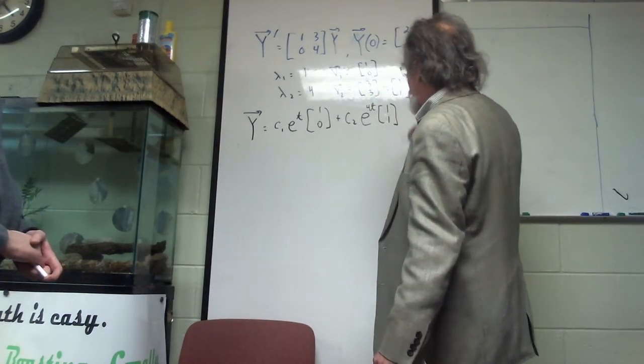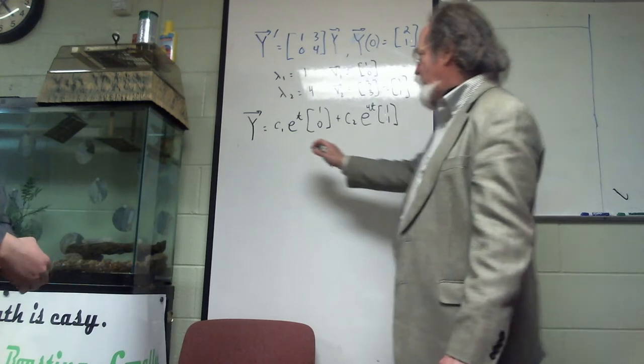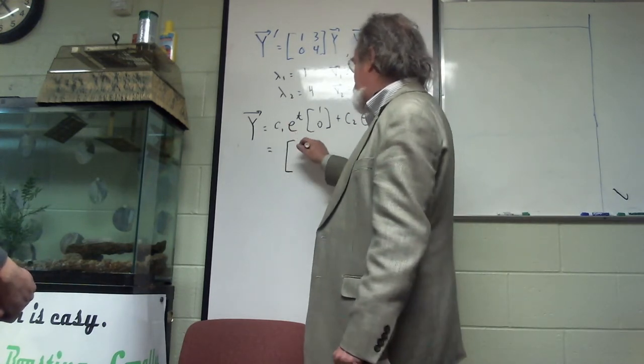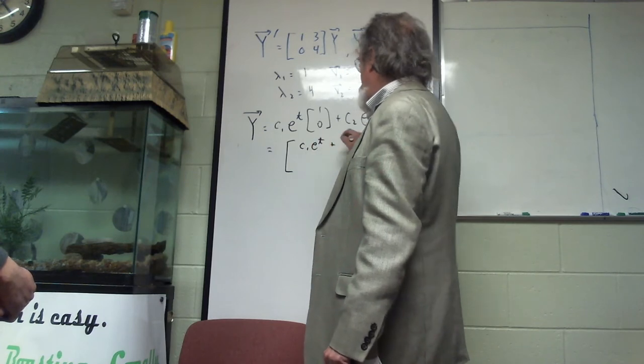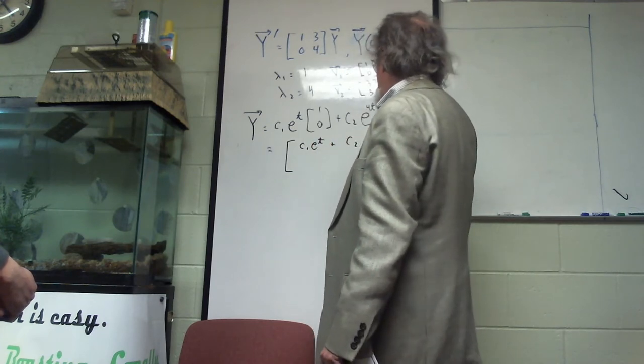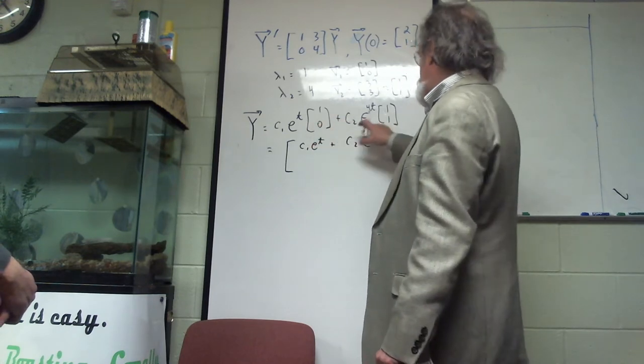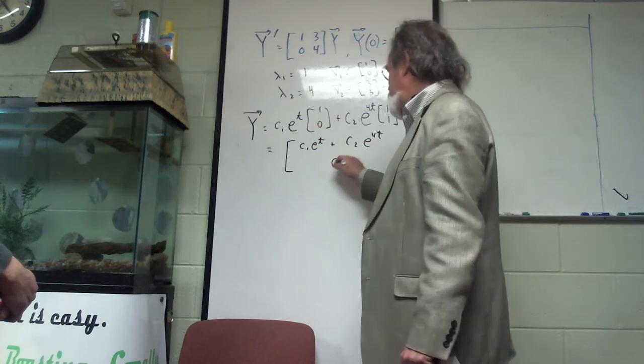Now let's just rewrite this real quick. I just want to see it as a vector. So it's C1 e to the t plus C2 e to the 4t, comma, 0 plus C2 e to the 4t.